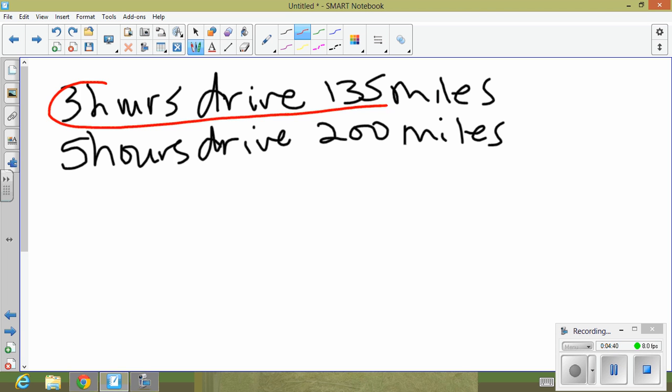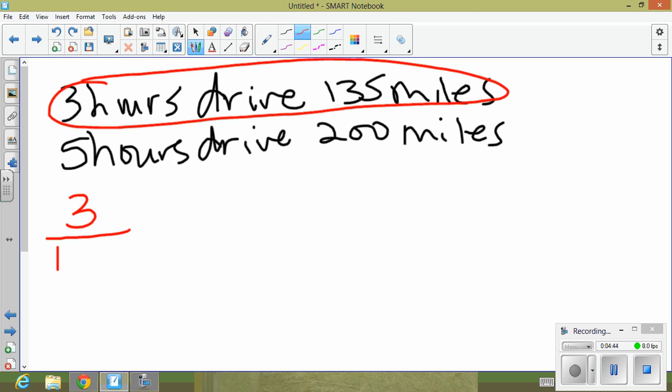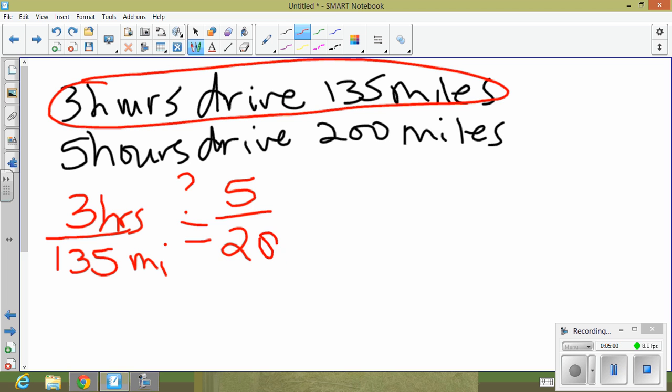So we're going to take this first scenario and write it as a ratio, 3 over 135. The 3 represents hours, and the 135 represents miles. And I'm going to put a little question mark here, because I want to try to say, are my two ratios equal? Because I'm not sure yet.